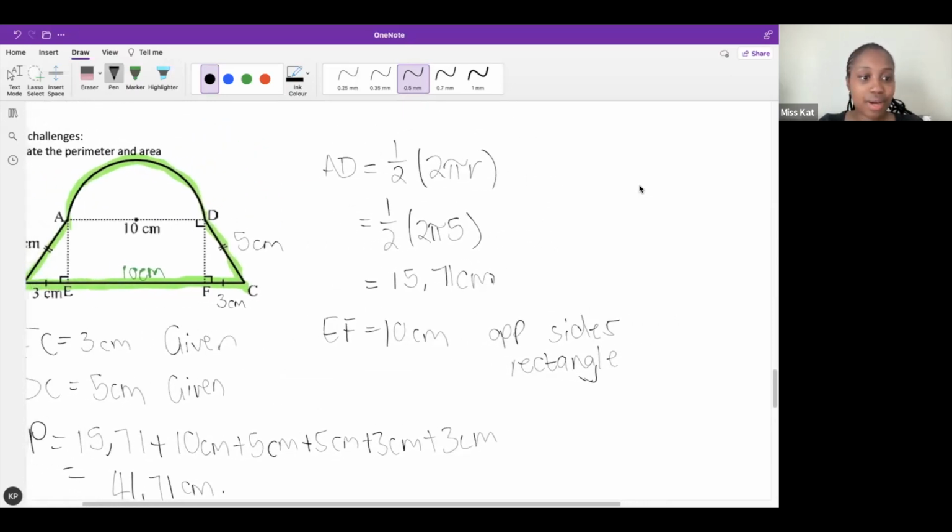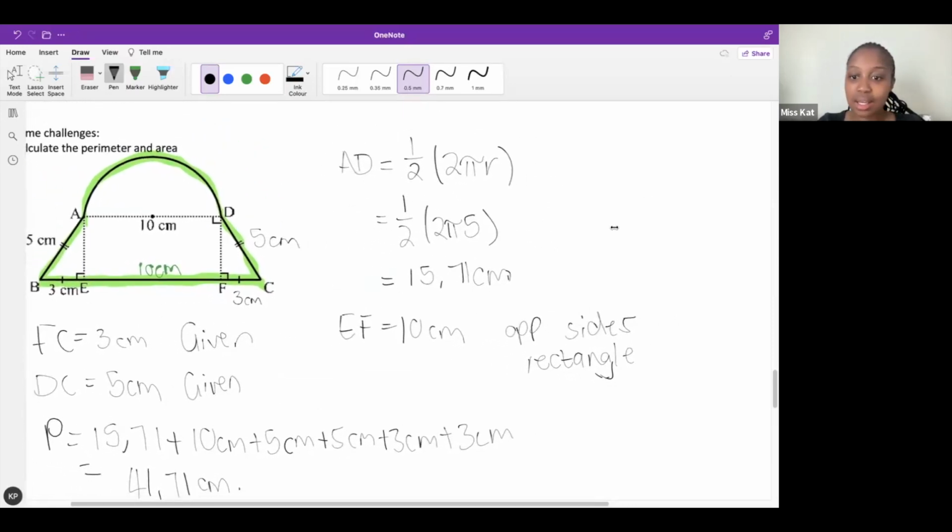Right, now let's do the area. Which shapes do we see there? Firstly, the easiest one we can see there is our rectangle. Do we have all the dimensions we need to find the area of a rectangle? We don't.